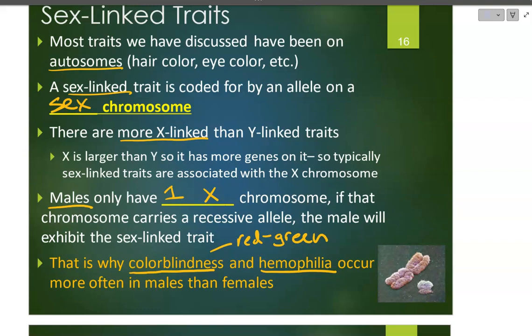Hemophilia is a mutation on the chromosome that actually affects the clotting factors in your blood. So people who have hemophilia, their blood doesn't clot properly, which can be very dangerous, and it could cause them to keep bleeding. There are medications out there that people with this disease can take, so they are able to live a more normal life and be more safe.